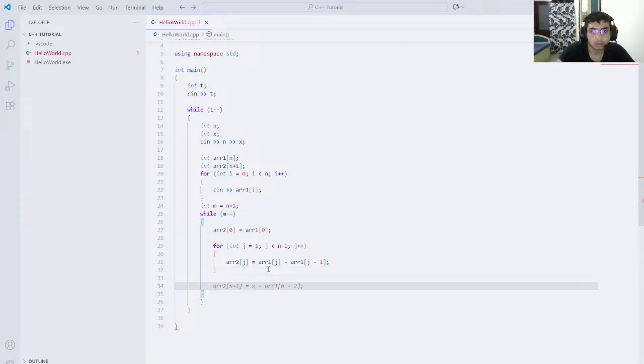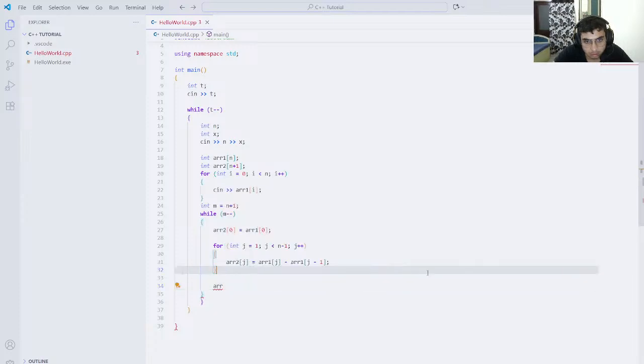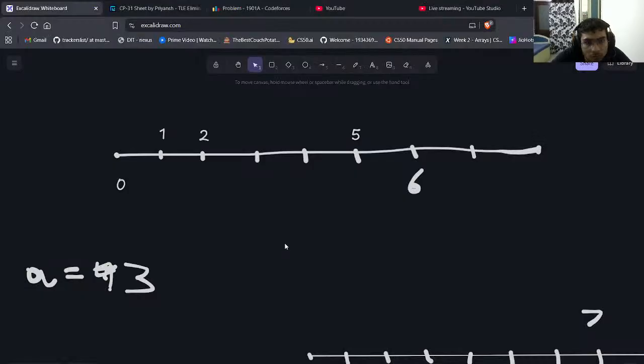Okay, so now to do the last calculation for this, since ARR2 is n plus 1. 1, 2, 3, 4.